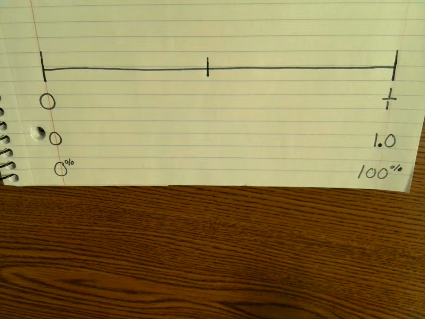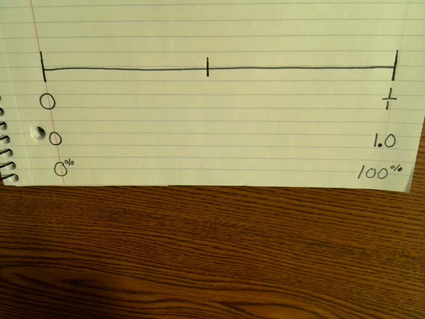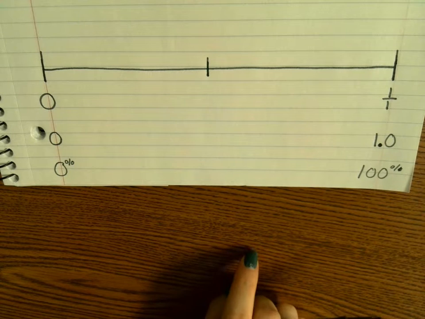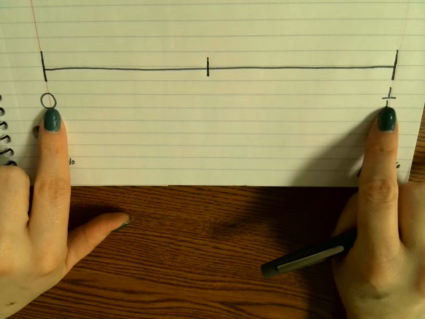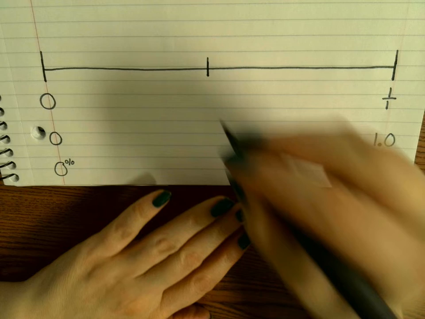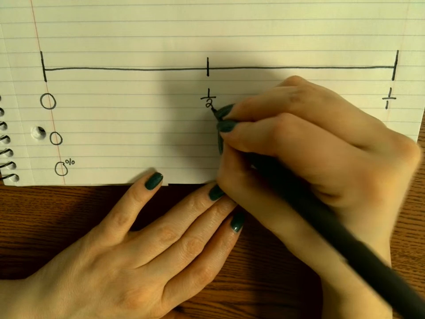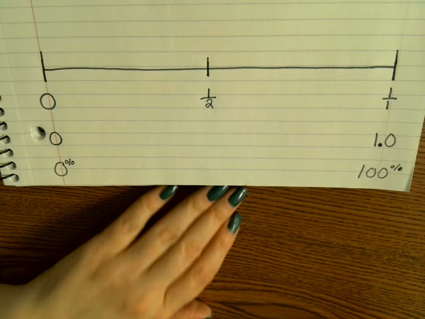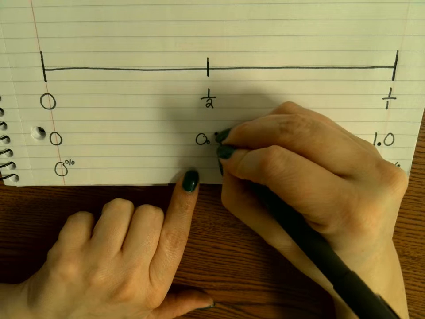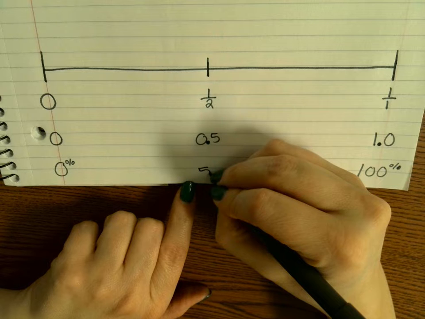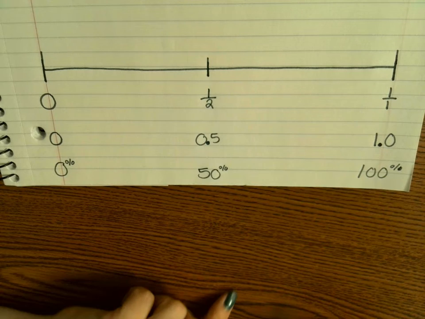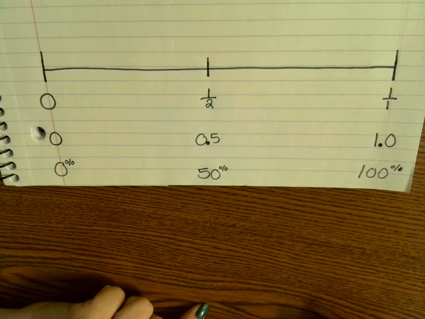A half. I'm sorry, Nicholas. Halfway between 0 and 1 is a half. You have a half, 1 over 2, or 0.5, or 50%.